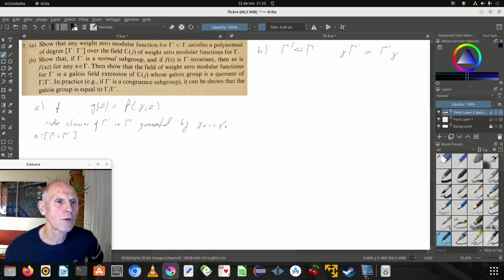And we have to show that G is gamma mark invariant.